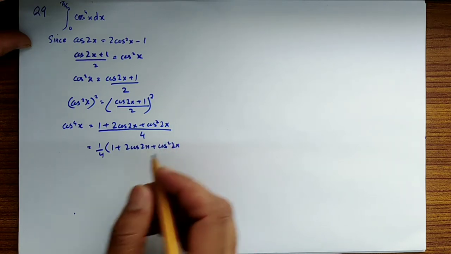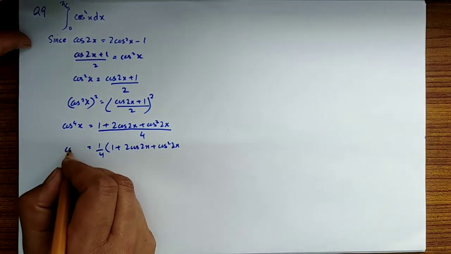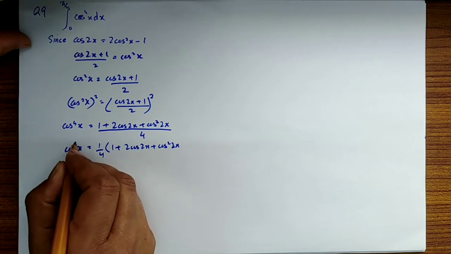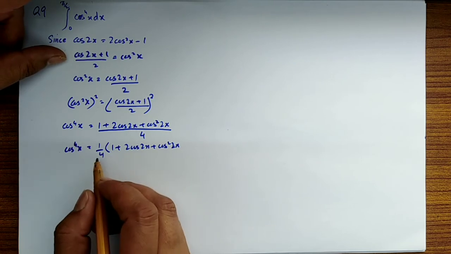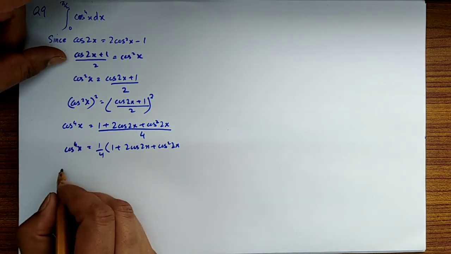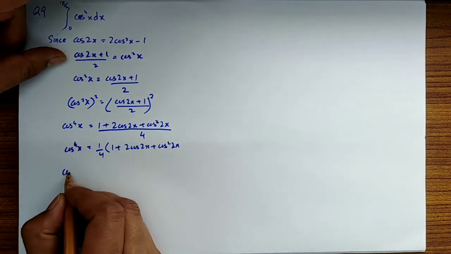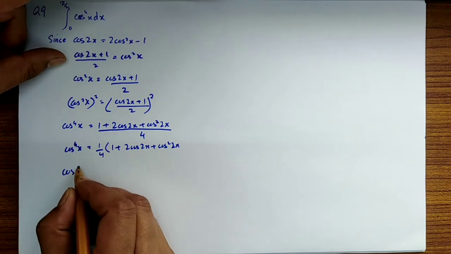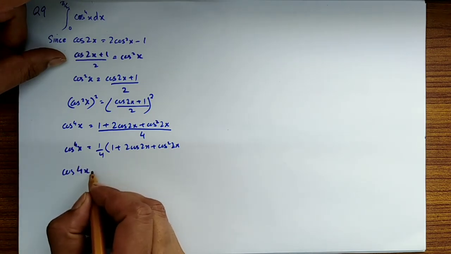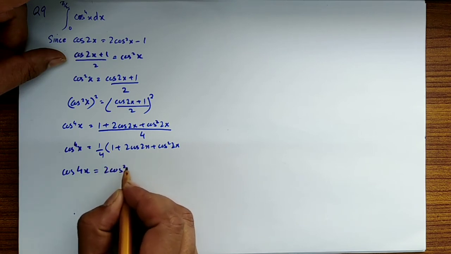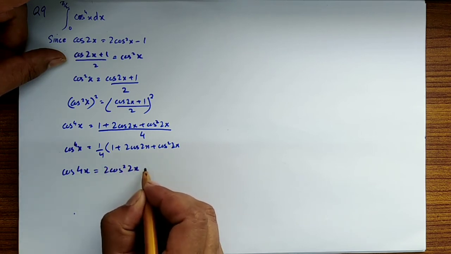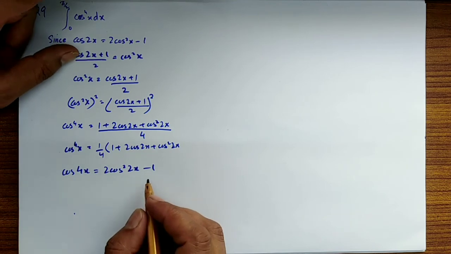right? And cos power 4 x equals 1 upon 4, right? We also know that cos 4x is equal to 2 cos square 2x minus 1, right?